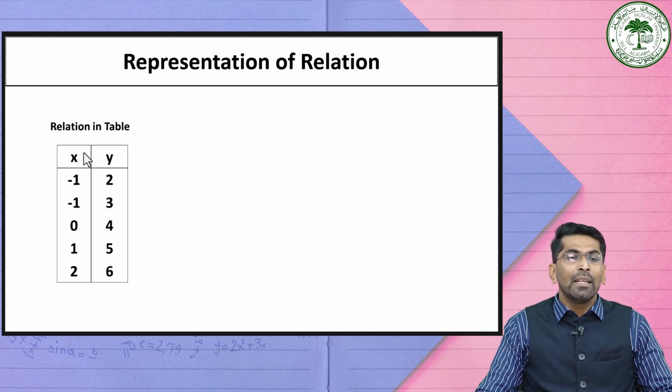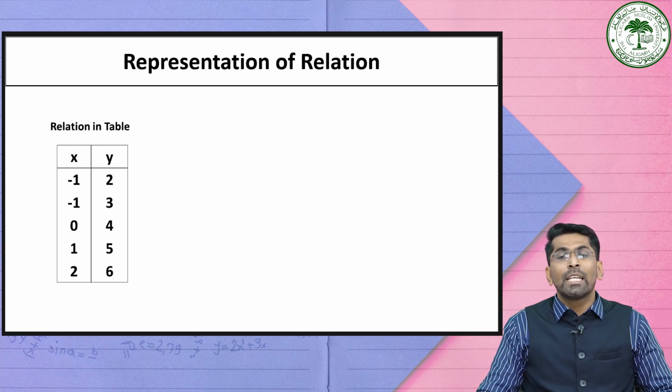In this way, in tabular form, we can pair the elements: -1 is paired with 2, -1 with 3, 0 with 4, 1 with 5, and 2 with 6. We have shown the relation in the form of a table.